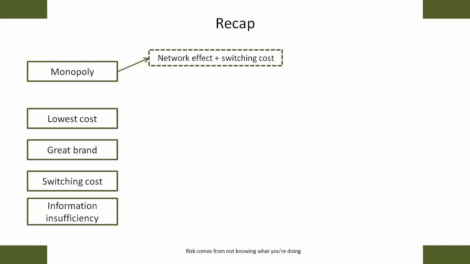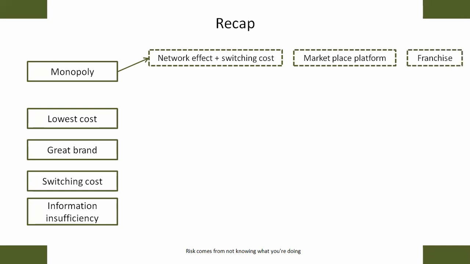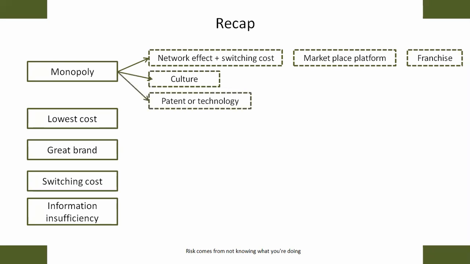So monopoly can come from network effect plus switching cost, or marketplace platform kind of situation, or it could come from a franchisee, Coca-Cola or Pepsi. It could come from culture also in rare cases, and it could be coming from patent or technology or having access to key raw material. So all these contribute to having a monopoly kind of situation.